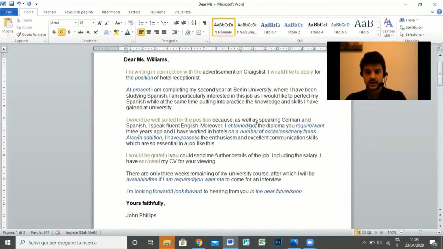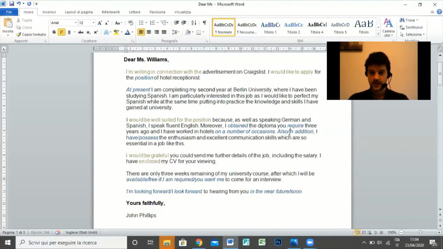Here let's remove got. Got is used mainly in informal contexts. Let's remove here want. Require, I'm sure you will admit, sounds more formal. Want is a little bit direct. Many times, let's get rid of many times. On a number of occasions, it just sounds better.